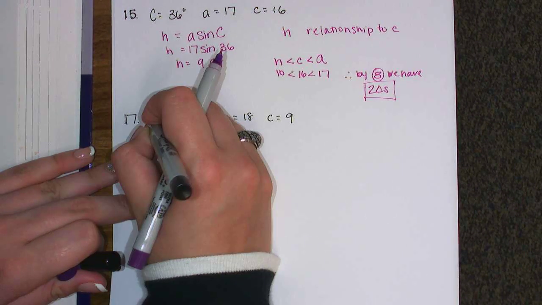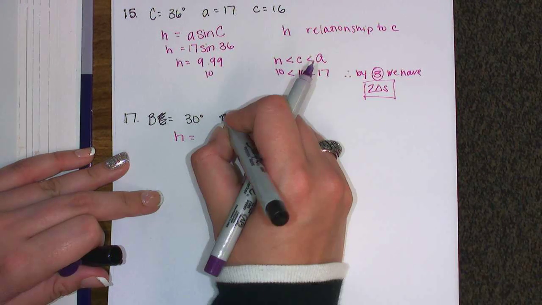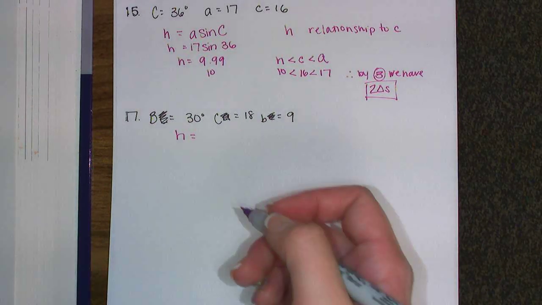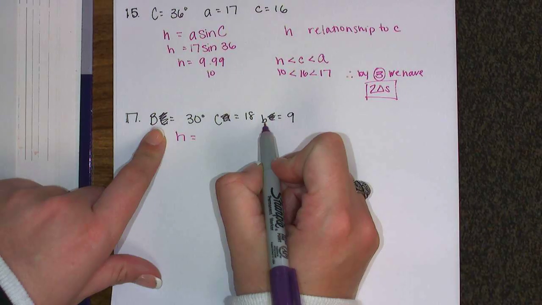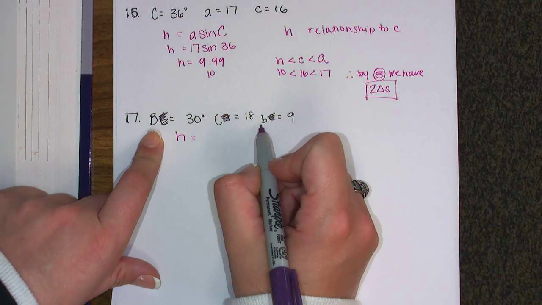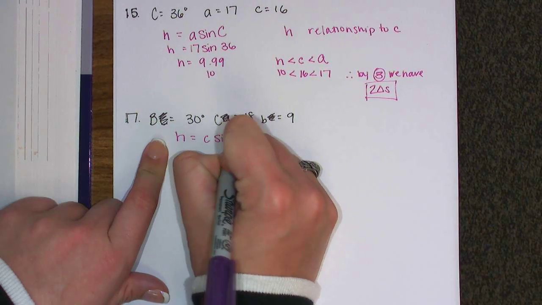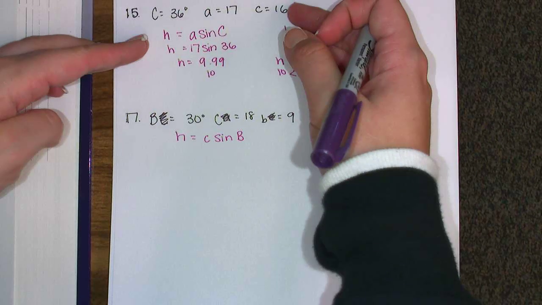Let's call this big B, let's call that little b, and let's call this little c. Okay, so we're going to mix it up just in the lettering, just so that you see something different. Given side length, given angle, meaning I'm using this side, c, sine of B. Just so you see different letters, obviously the procedure is going to follow exactly as it is up here.